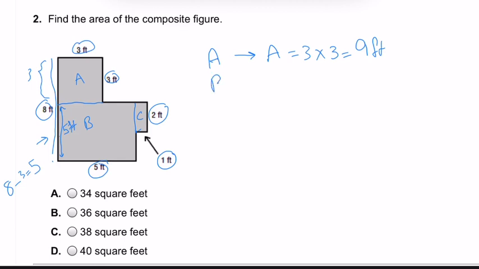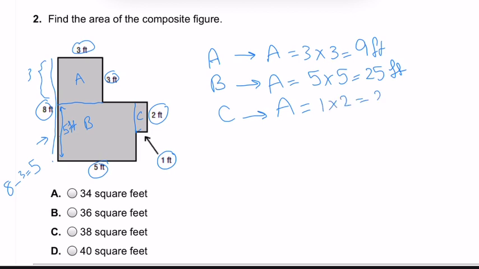Now rectangle B has an area of 5 by 5, 25 feet. Finally, rectangle C has an area of 1 by 2, 2 feet. Now we know the area of all the rectangles that we've divided. Let's add them up to find the area of the whole composite figure.